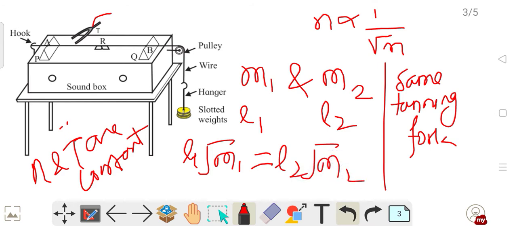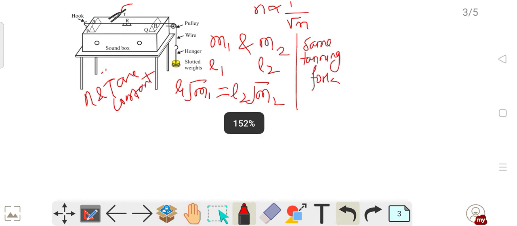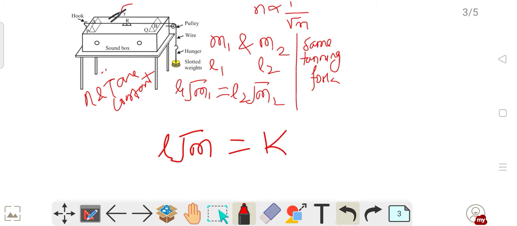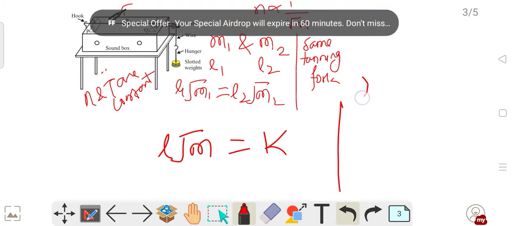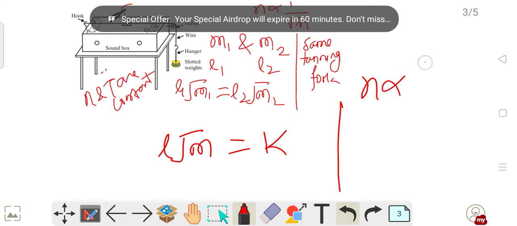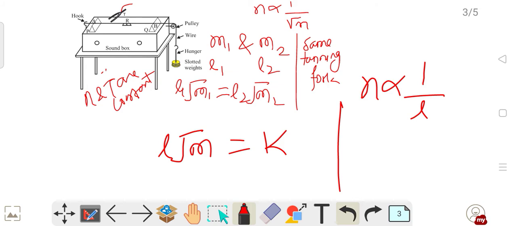That means L root M was coming constant, which I am writing as K. From the first law, you know n is directly proportional to 1 upon L. So can you say that n is directly proportional to 1 upon root m?